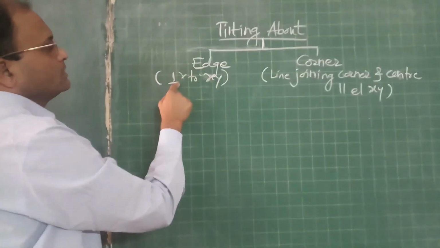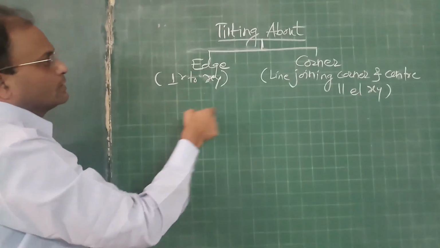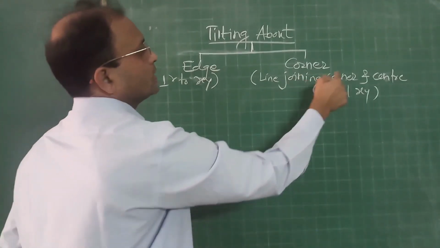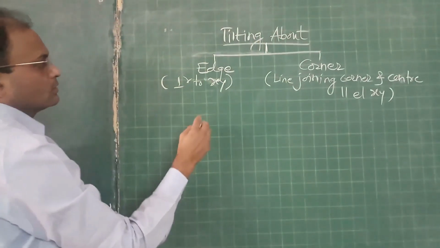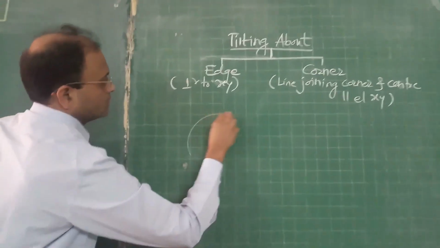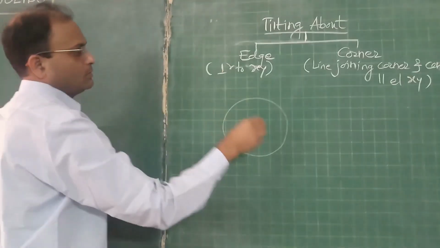So whenever it is about edge, that edge must be drawn perpendicular to XY. Whenever it is about corner, line joining that corner and center must be drawn parallel to XY. So accordingly for hexagonal prism, the top view in this case will be like this.